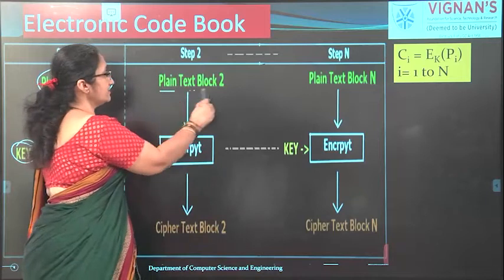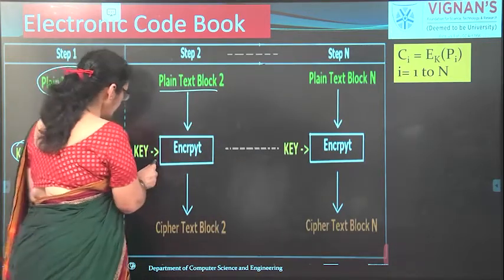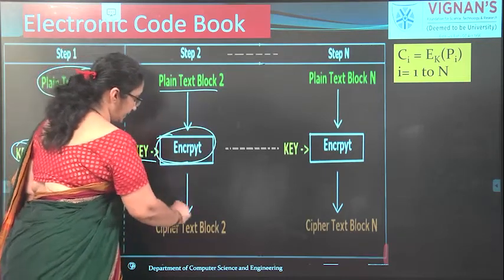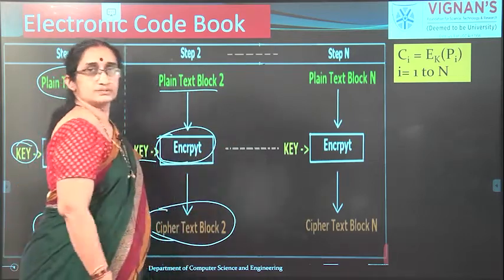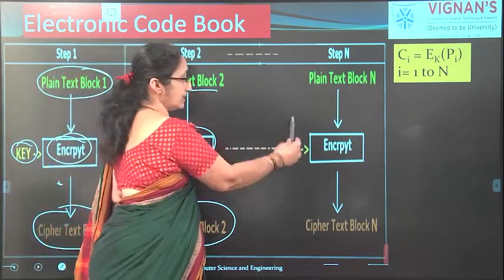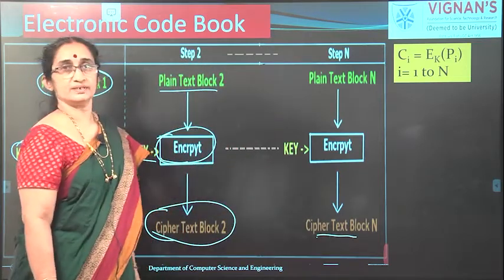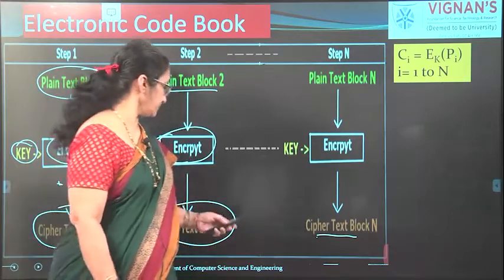For the next part of the message, again using the same key, you apply the encryption algorithm and get the cipher text. If there are n blocks, the same process is applied and you get different blocks of cipher text. In the end, you can combine all the cipher text.